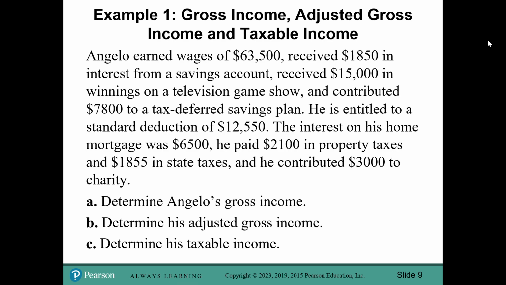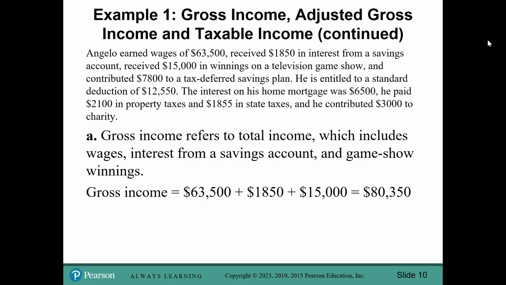The interest on his home mortgage was $6,500. He paid $2,100 in property taxes and $1,855 in state taxes, and he contributed $3,000 to charity. We want to determine Angelo's gross income, his adjusted gross income, and his taxable income. So let's look at A.